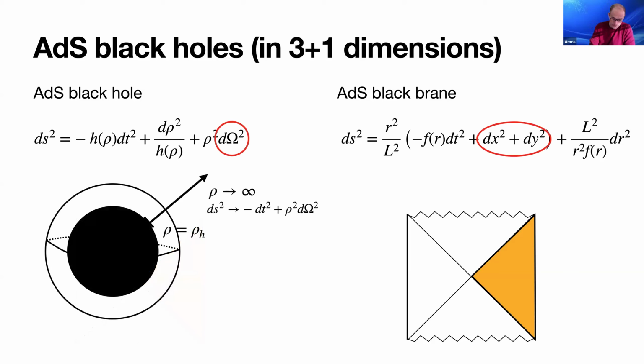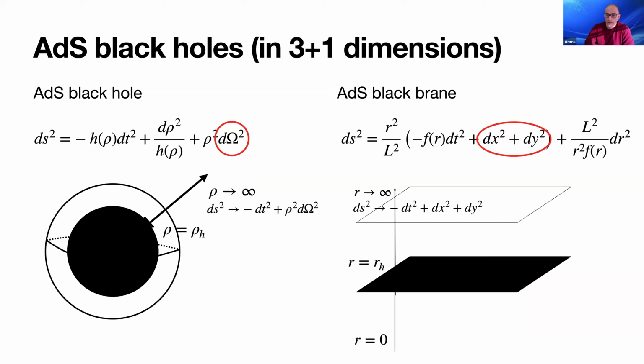There's the event horizon at some value of rho, and there's infinity, which is at rho goes to infinity. And if I take the line element there, it's just going to look like time times sphere. So this black hole has an inside and an outside and a singularity.